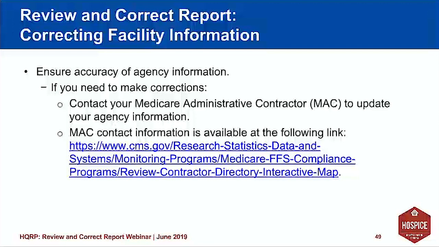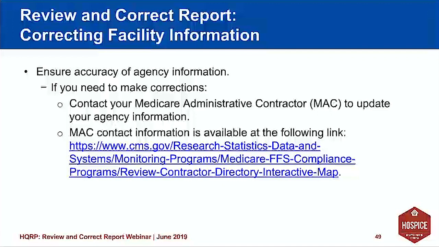The reason we ask is that many of these demographic points are information contained within your CMS certification. So CMS certifies you as a hospice, and you're able to receive Medicare payments. Whether you are profit or nonprofit, where you're located, all of those things are information that we maintain about your agency, and so it's really important that it gets updated in all of our systems.